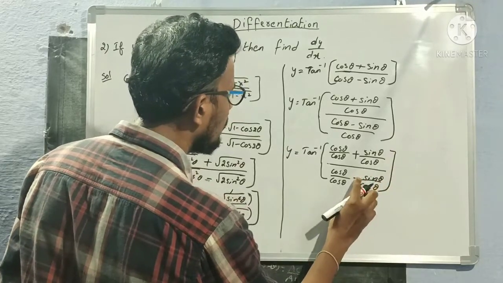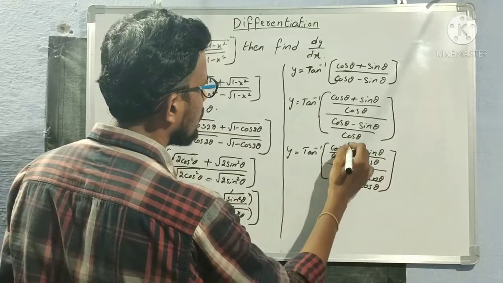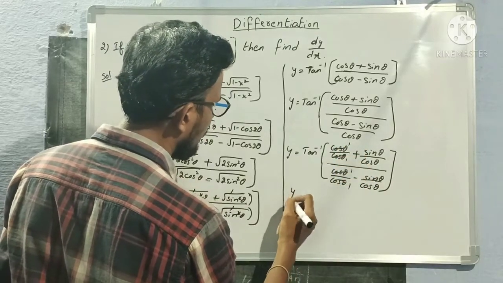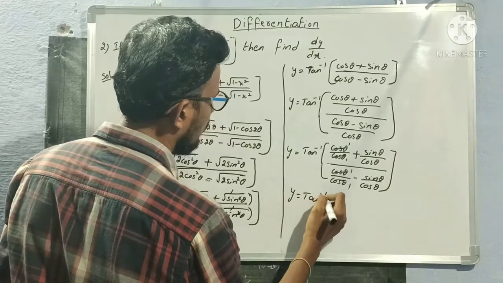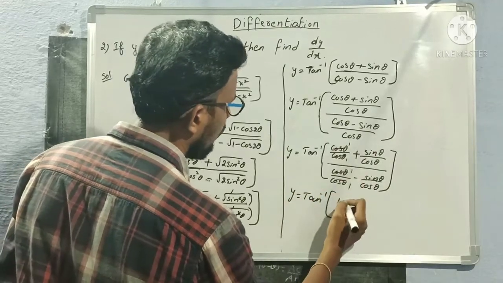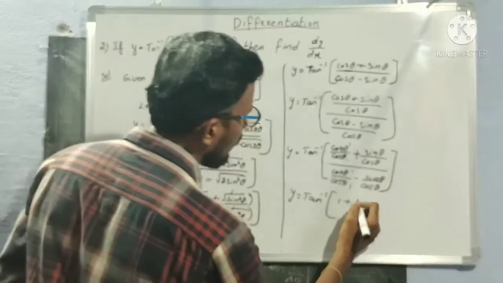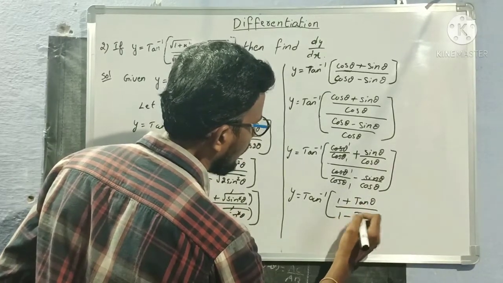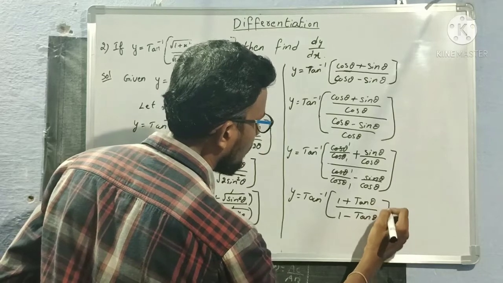Here cos theta gets cancelled, and here also cos theta gets cancelled. So y is equal to tan inverse of (1 plus sin theta by cos theta, which is tan theta) by (1 minus tan theta). Okay.